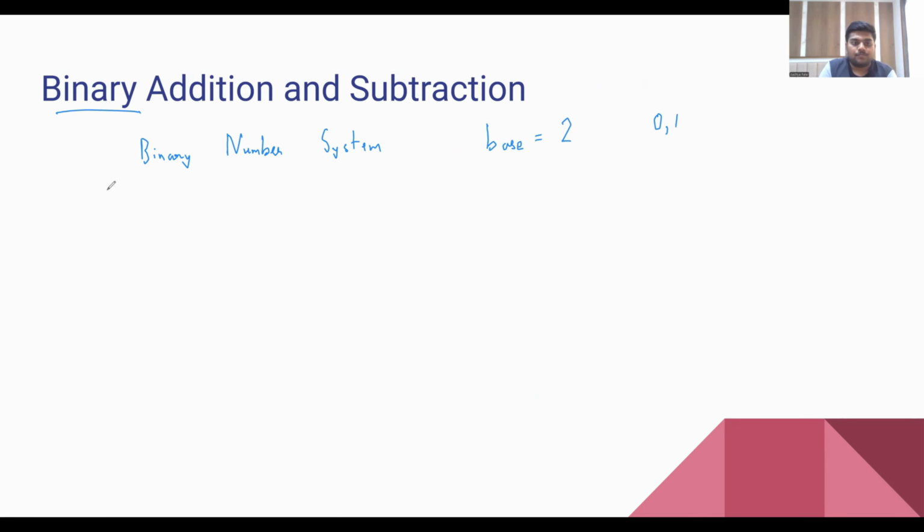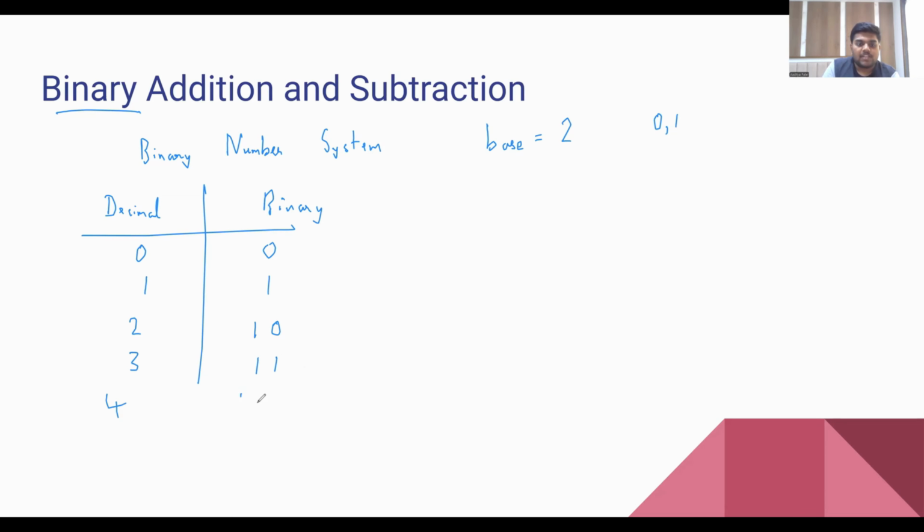See, decimal to binary, how can we do it? Let us say decimal is 0, so binary is also 0. Then 1 is 1, 2 is 10, 3 is 11, 4 is 100 in binary.